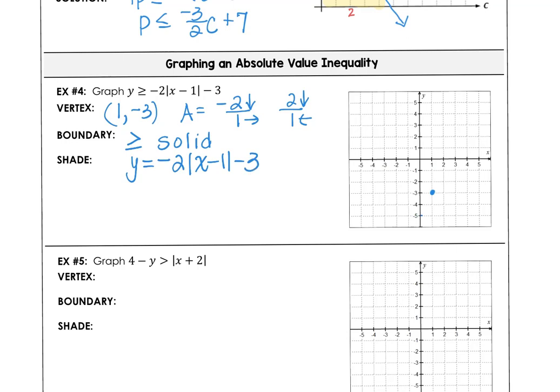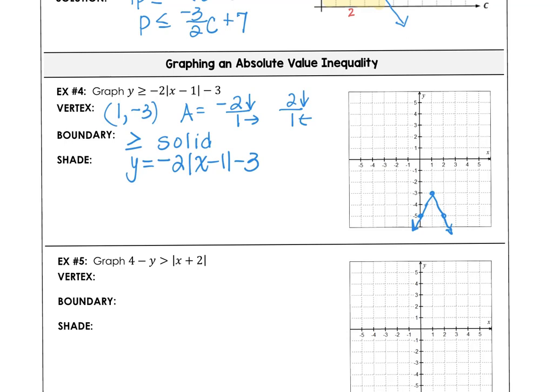And the graph would look like this. So (1, -3). And we're going to test an area. We could test (0, 0).